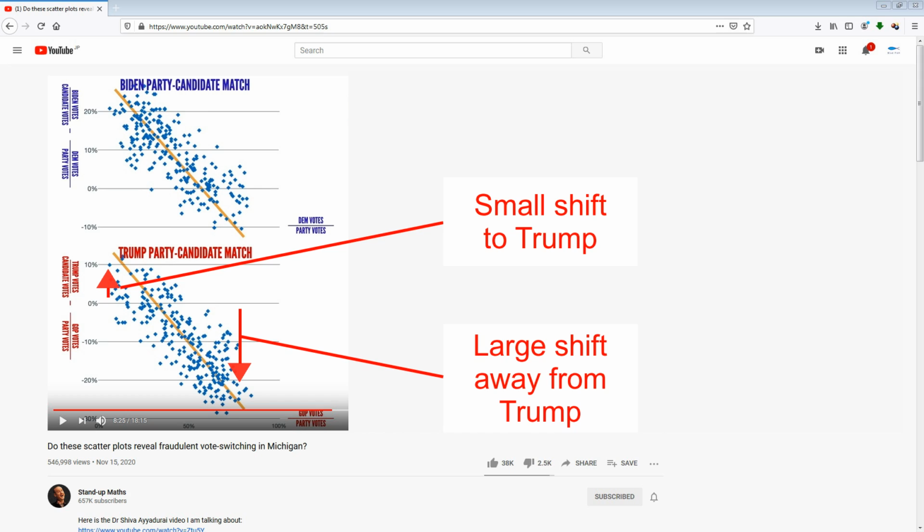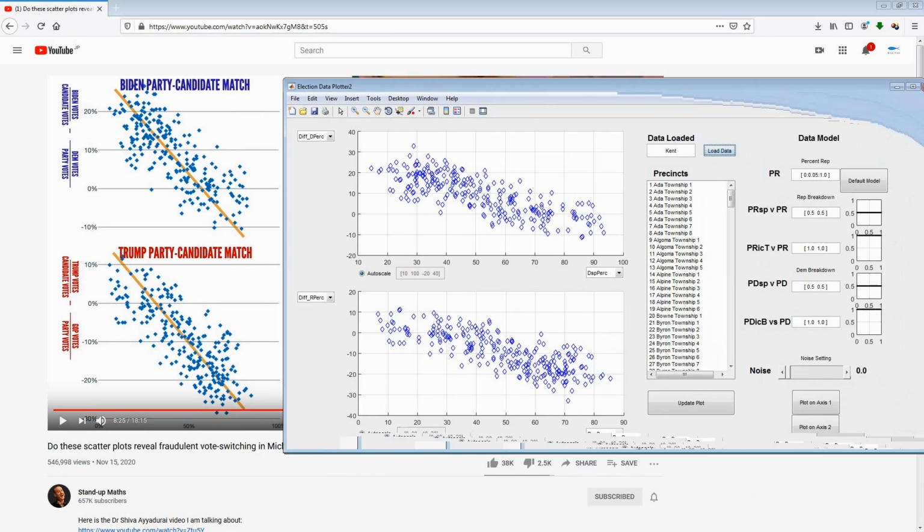Now we and Matt expect to see the corresponding opposite in the other plot. That means the anti-Shiva plot should show a small decrease of Biden votes in the low Republican areas and a large increase in Biden votes in the high Republican areas. Because the x-axis on the upper plot is effectively in the opposite direction to the lower plot, that's exactly what it does show.